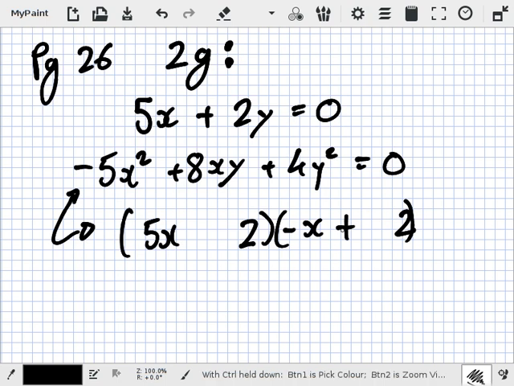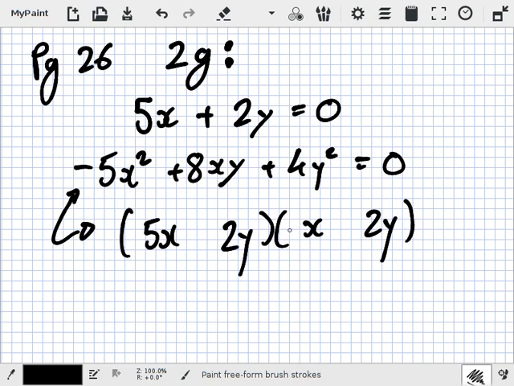Oh, I left out my y, didn't I? 5x plus 2y. You think the minus should be on the x? Yeah, it should be, shouldn't it? Like this? Plus 2y. Yeah.